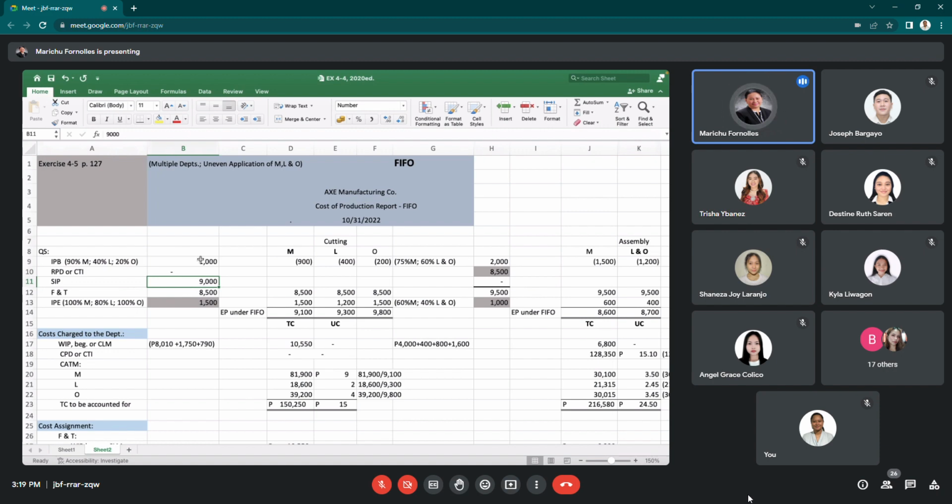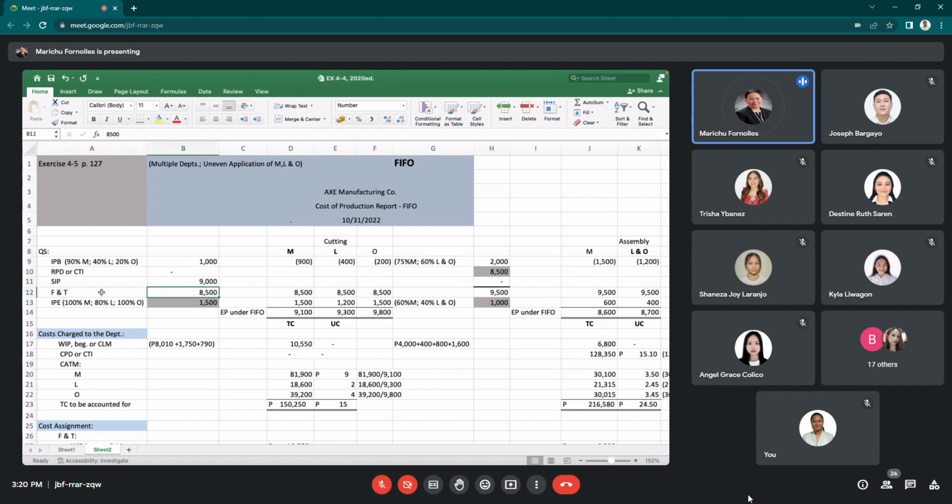So in the cutting department, they have two sources, the IPB and the SIP. Therefore, the total sources here is equal to 10,000 units. So what happened to the 10,000 units that they worked in October?